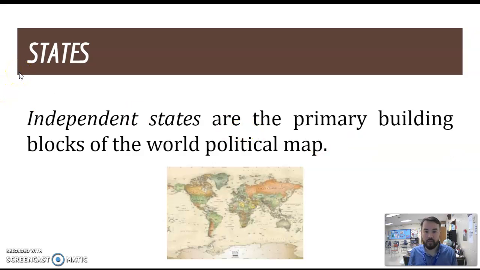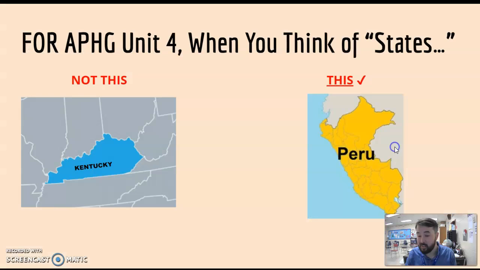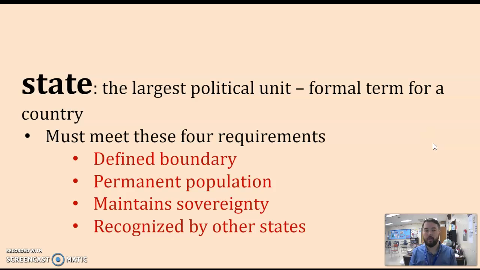And what we find is that now the building blocks, you could call them, of the world political map are what's called states. And when I say state in AP Human Geography, we're not referring to Kentucky, Tennessee, Arizona, Wisconsin. We're talking about countries. Okay, so the AP Human Geo definition of a state, it's the largest political unit when you're describing political boundaries.